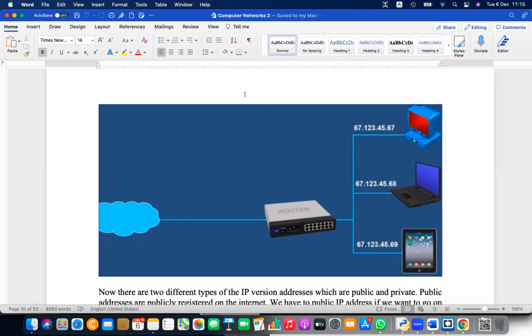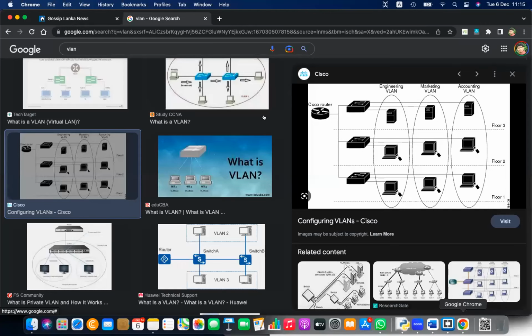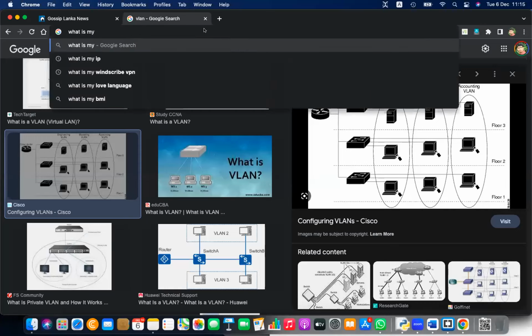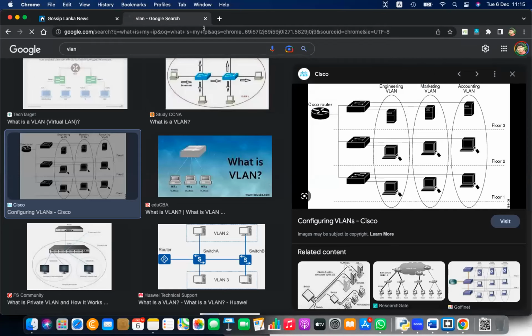One thing that I can show you: if you browse to what is my IP, it should tell you, just wait.